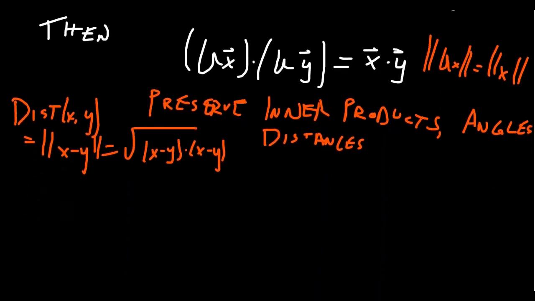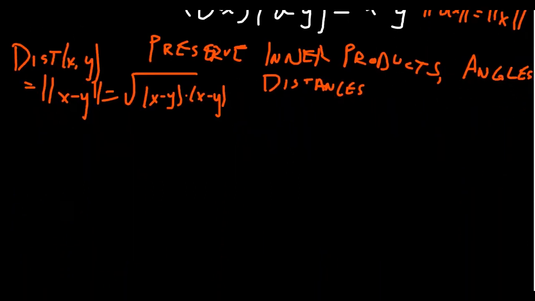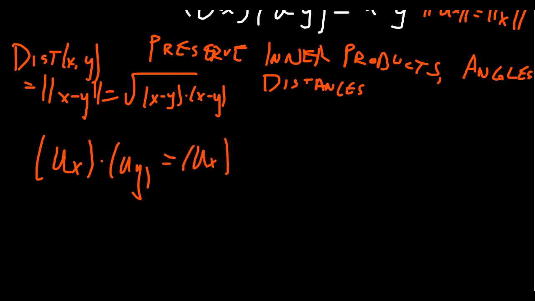The idea is the following: start off with the left-hand side, Ux dot Uy, and so this is going to equal (Ux) transpose times Uy. So I'm going to assume these are real. If it was complex, switch the transpose to a star.